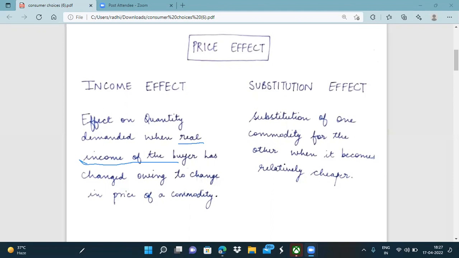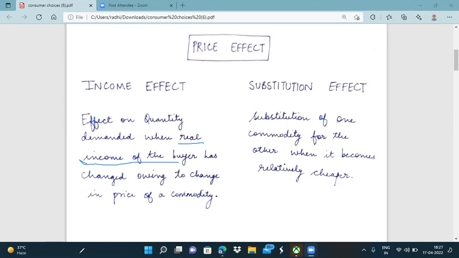My real income is increased. And now, with the same income and the decreased price, I can consume 15 cups of tea instead of 10 cups. So the effect, that is the increase in quantity demanded by 5 cups, is the income effect. I hope it is clear to you.